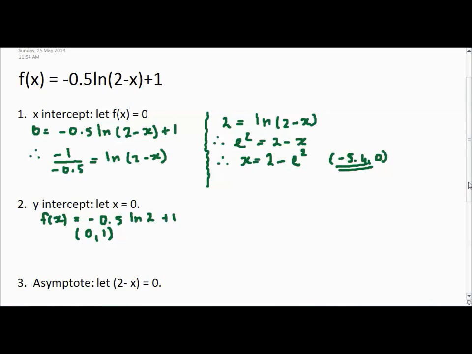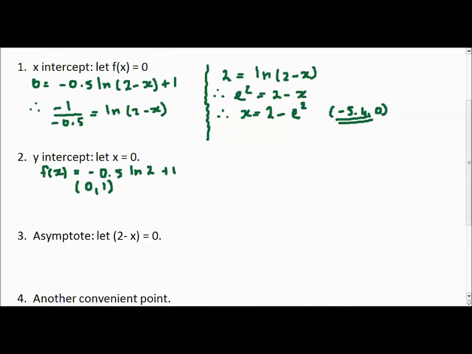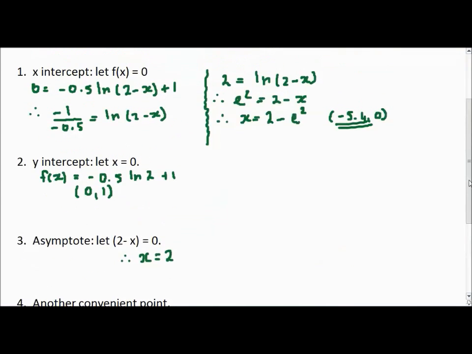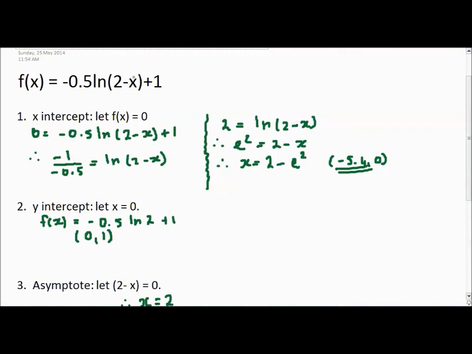Okay, the asymptote. Now we know what to do there. We let what's in brackets here, 2 minus x, equal 0. So the asymptote is obviously going to be at where x is equal to 2. Now we can pick another convenient point, and that's going to be where what's in here equals 1. Why is that? Because ln 1 is going to equal 0, and then negative 0.5 times 0, 0 plus 1 will give me an easy point to plot.